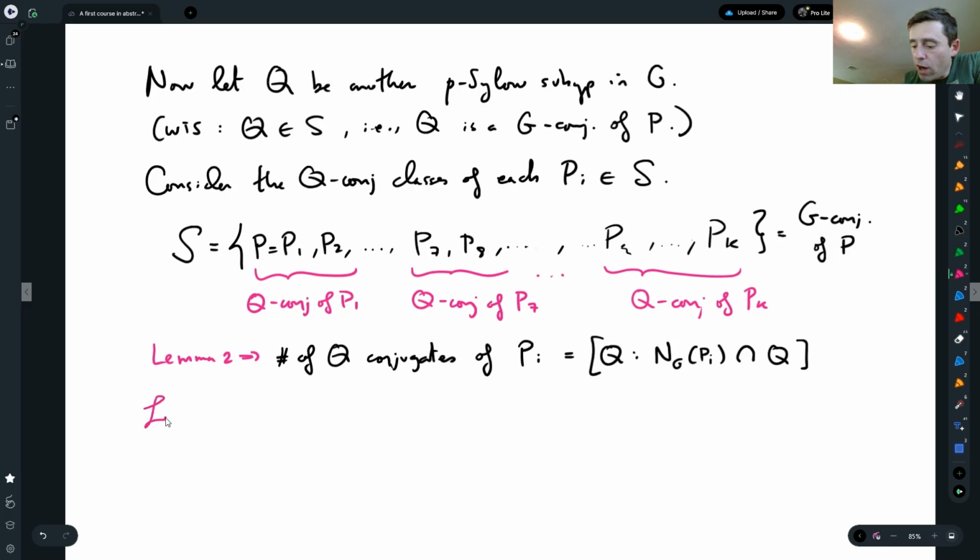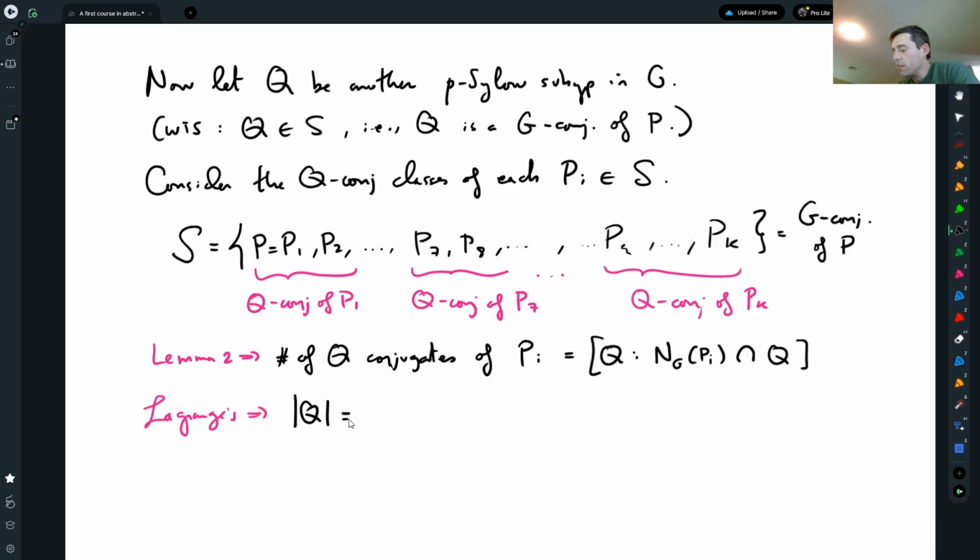And Lagrange's theorem tells me that the intersection of the normalizer with Q is a subgroup of Q, so the size of Q will be the size of that subgroup, whatever that size is, times the index of that subgroup in Q.